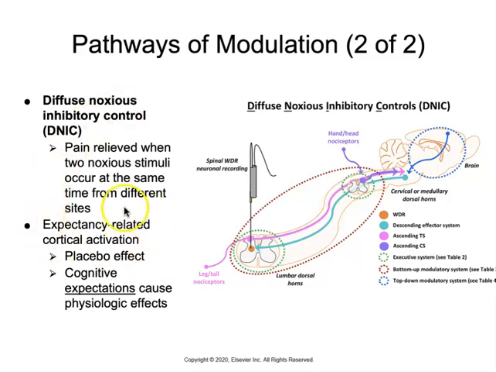And then another pathway is our expectancy related cortical activation, where cognitive expectations can have an effect on pain. So this is where we see a lot of the placebo effect taking place. An example of this would be, I heard a story way back when about somebody working on a construction site who saw a nail go all the way through the sole of their boot, and it was sticking out and they could see it piercing their boot.